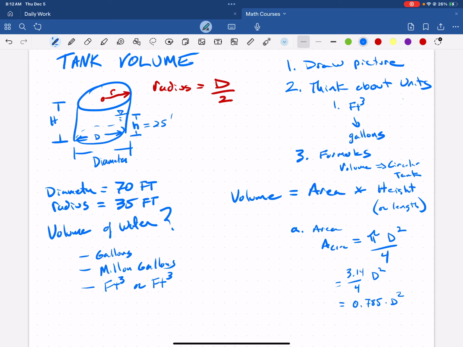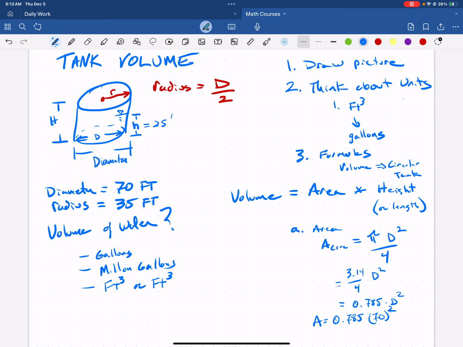So we know then that the area of this guy is going to be equal to, let's just use our simplified 0.785 times d squared, 70 squared.